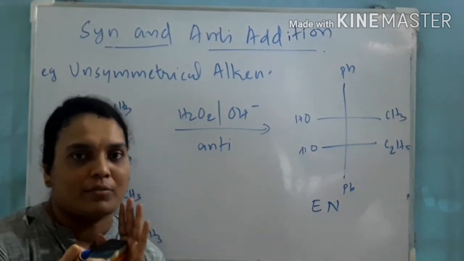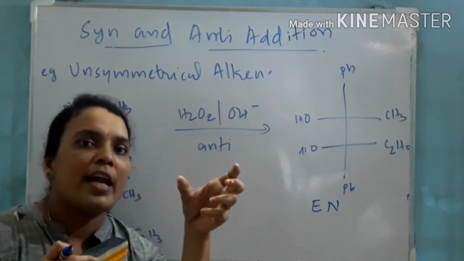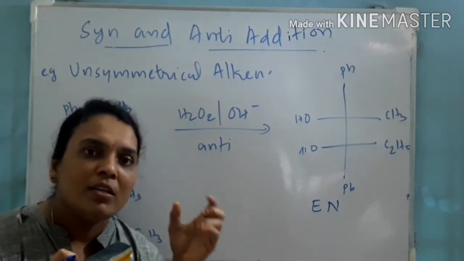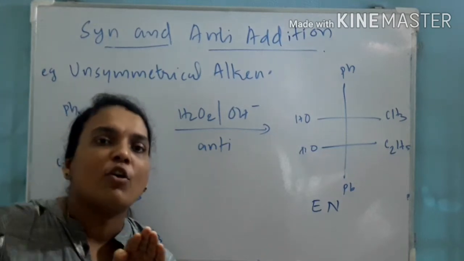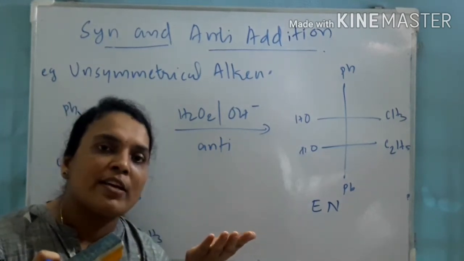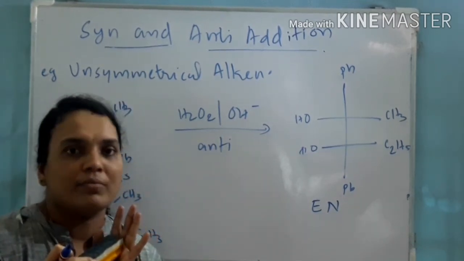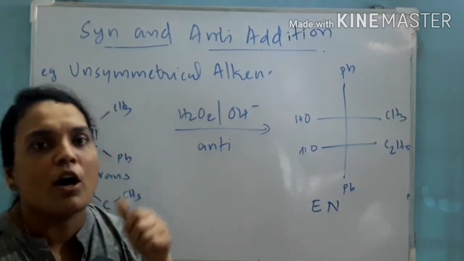Similarly, if trans isomer is given, convert it to cis. Got the point? So that you have to learn.